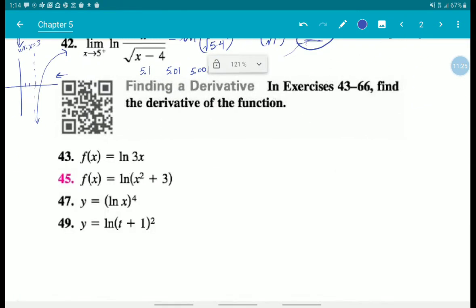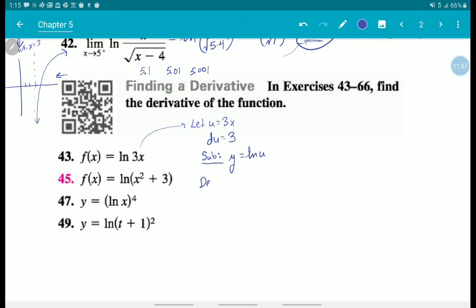Let's say we want to take the derivative of ln of 3x. We can use a u substitution here. So we're going to let u be 3x. So du would be 3. We would do our substitution. We're taking the derivative, I'm going to write it this way, y equals ln of u.